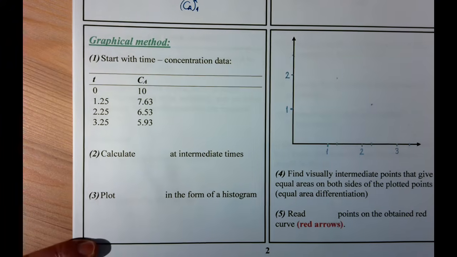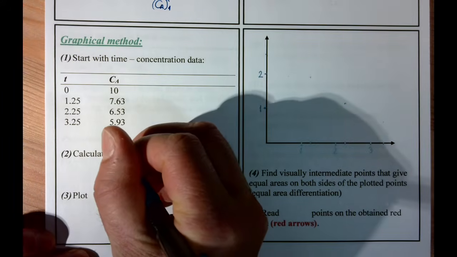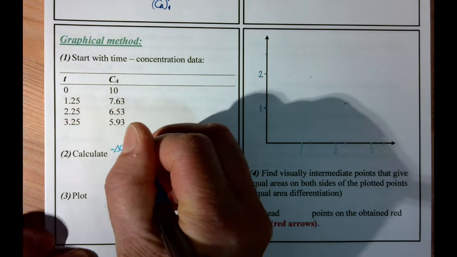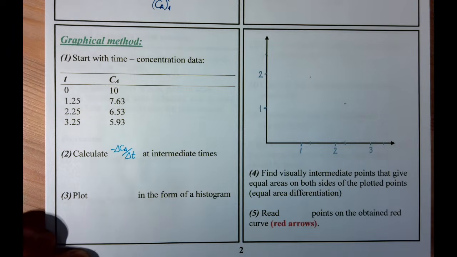Next, from there, what you want to do is calculate negative delta Ca divided by delta T at intermediate times.